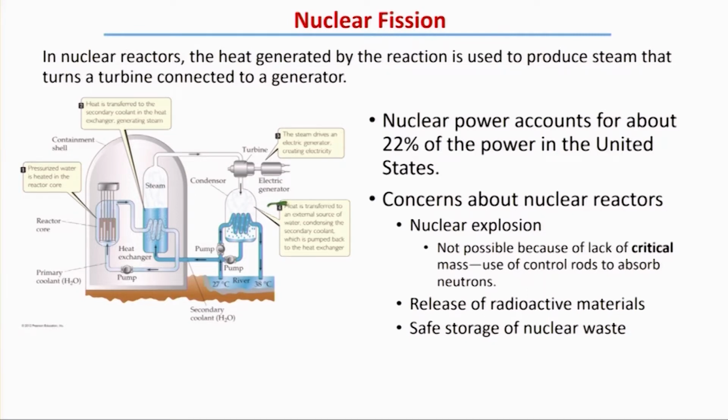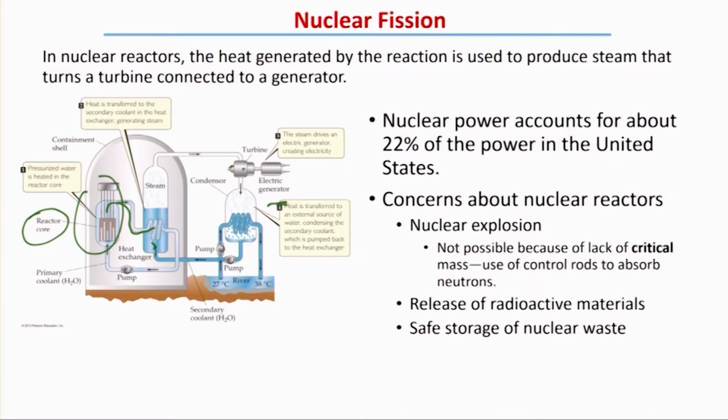Here you want to make note, here is the core. This is where your radioactive isotopes are. It's a closed system. It releases a lot of heat. That then has this other system that heats water, causes steam, and that goes on to turn the turbine there.